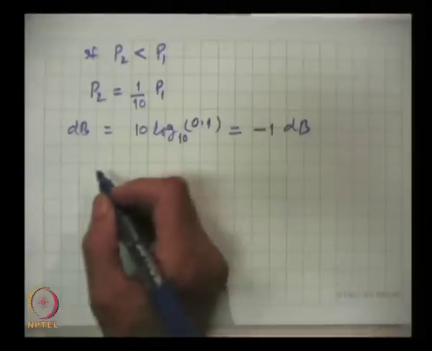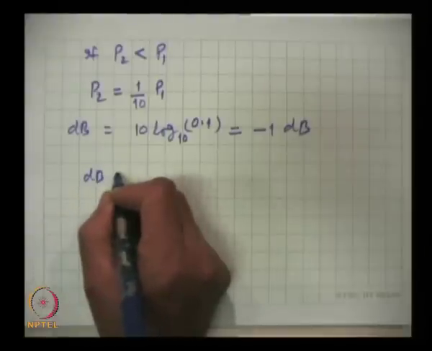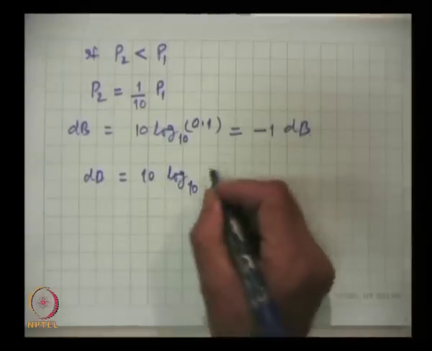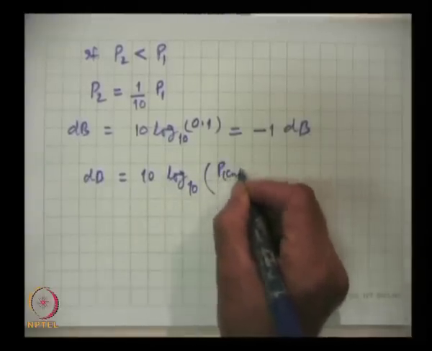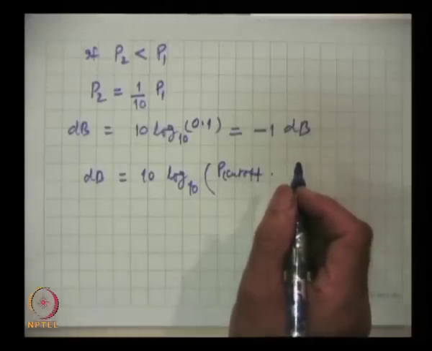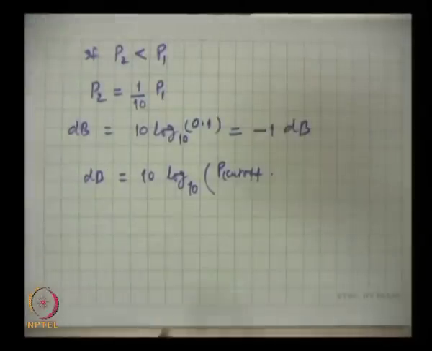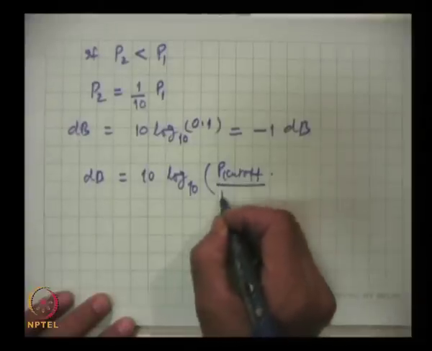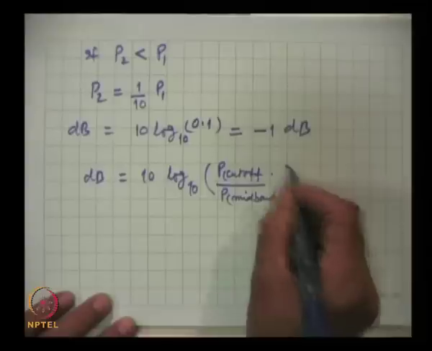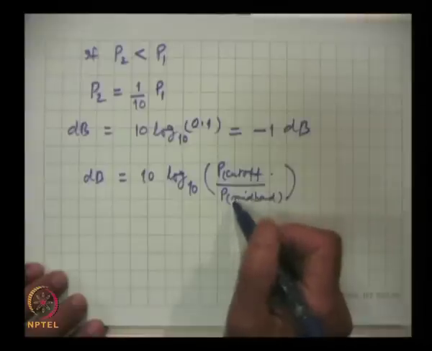So, the power we can write in dB, this is 10 log 10 power at cutoff here, or here, cutoff, divided by power at midband in the frequency independent region, and we have said that this is half.